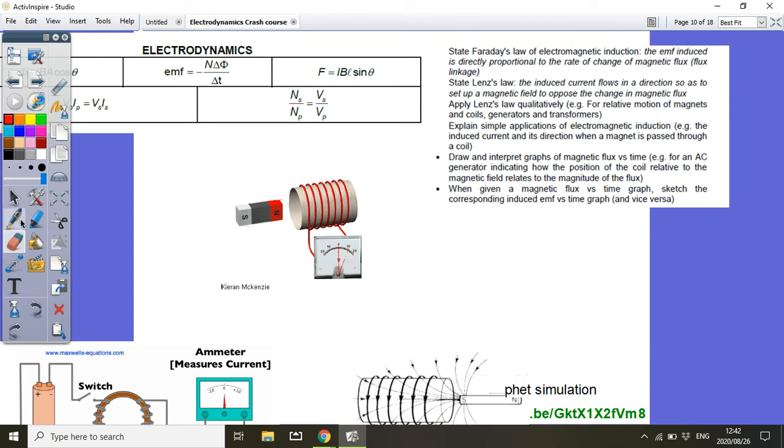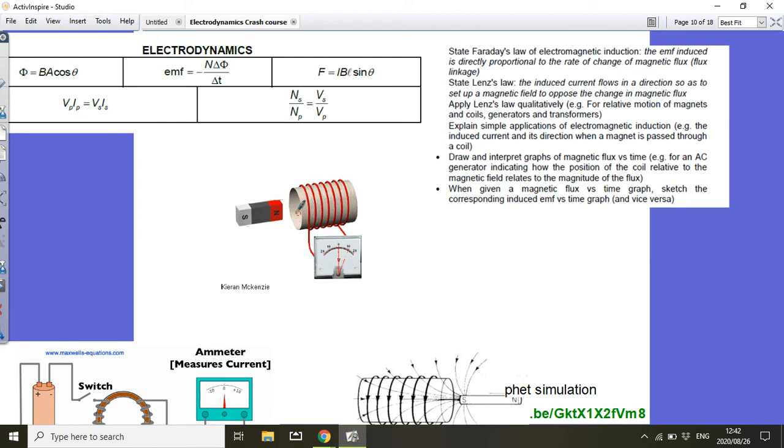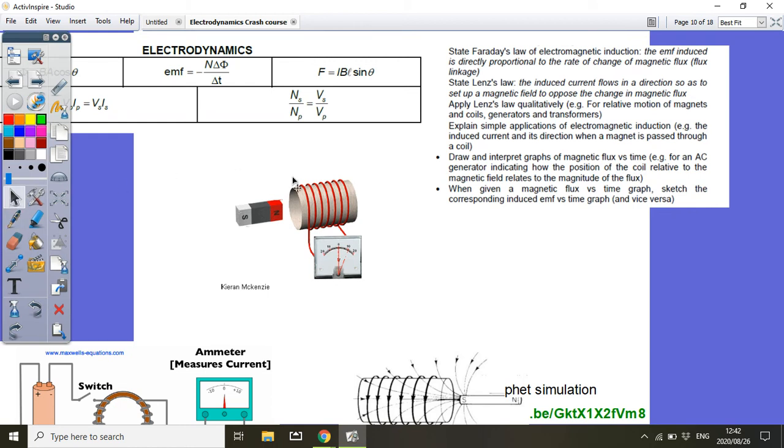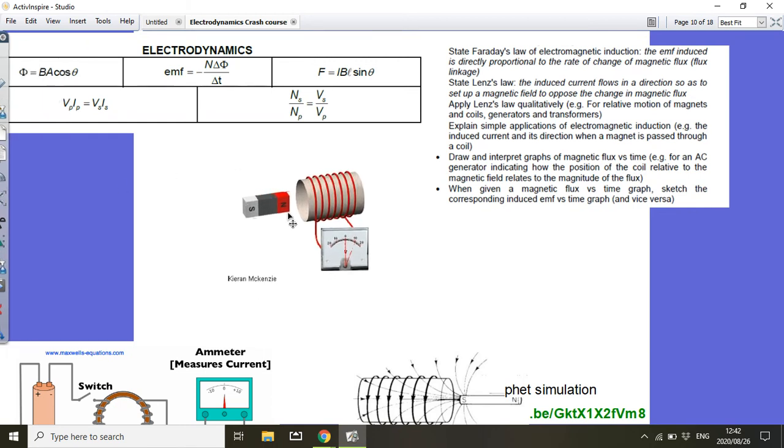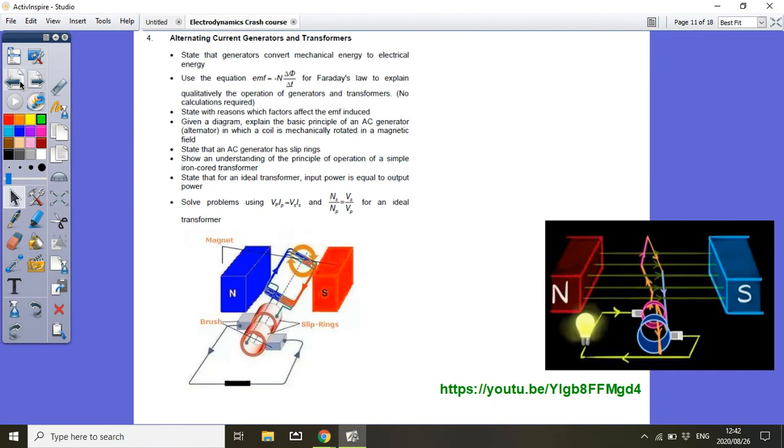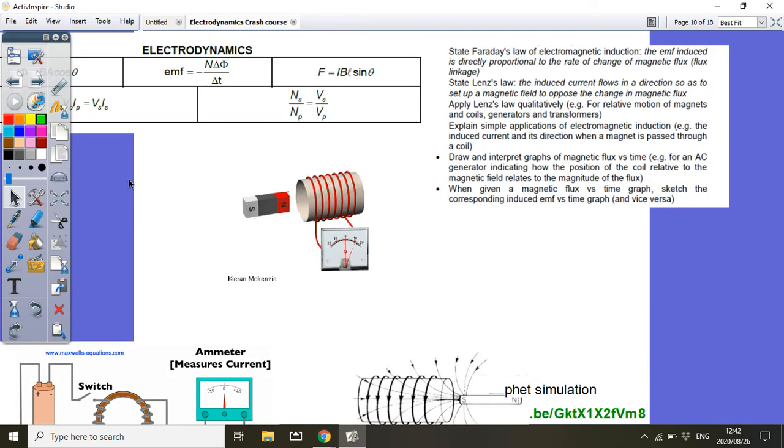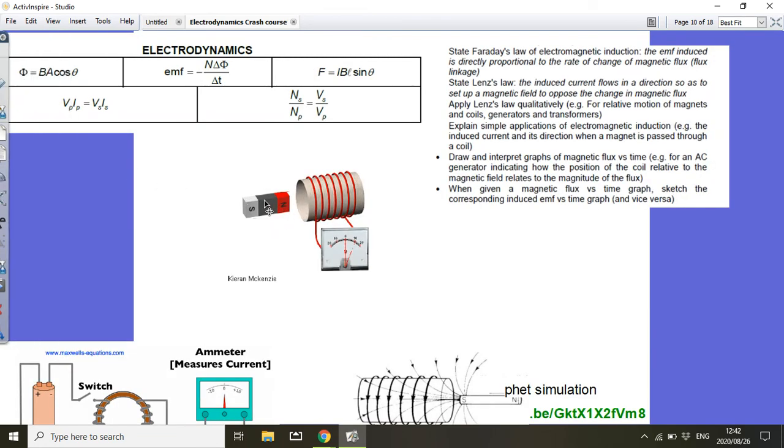Now, again, I'm sure you've done this in detail in class, but I'm going to go through it again because it sometimes causes a bit of confusion. If you now look at this little magnet here, if I'm moving this magnet into the coil, it means the change that now you will see, again, if you look at the law, it says set up a magnetic field to oppose the change in magnetic flux.